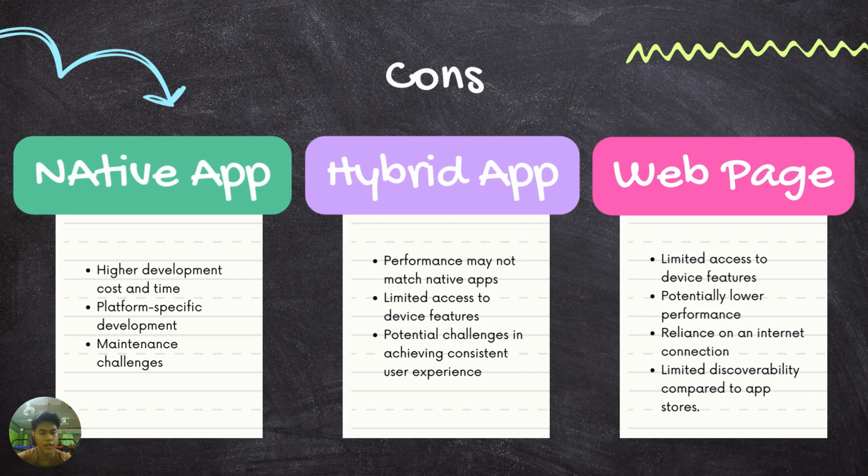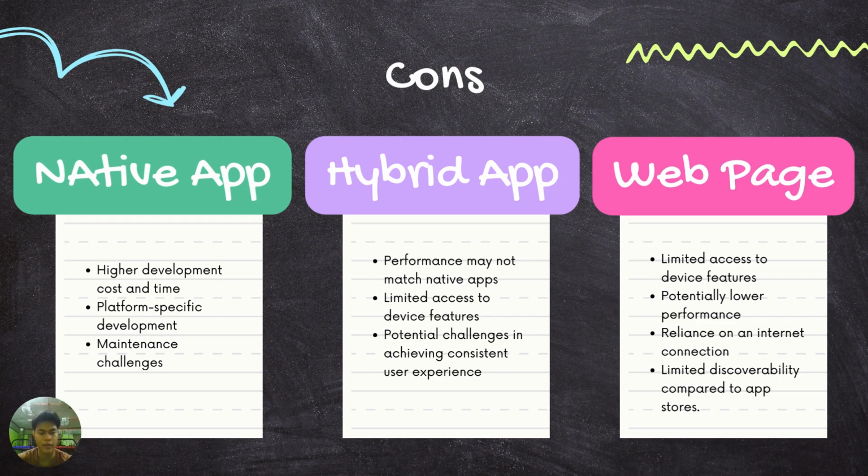It also relies on an internet connection, meaning that we cannot access all the web pages if we don't have an internet connection. Even if we have the internet connection, if it is not stable, then we might not be able to use the web page.